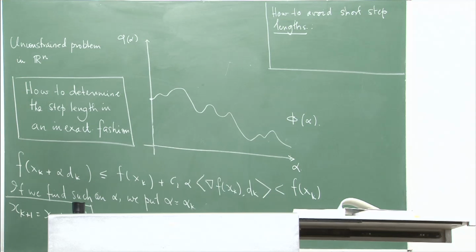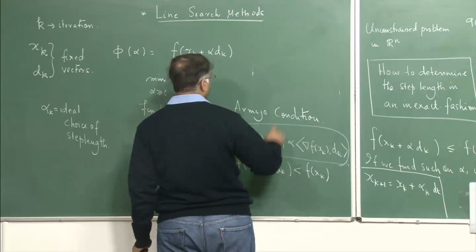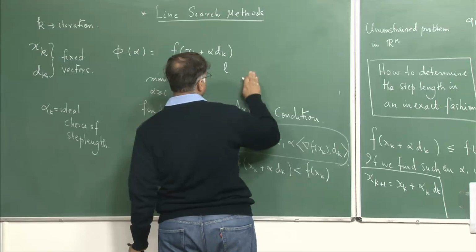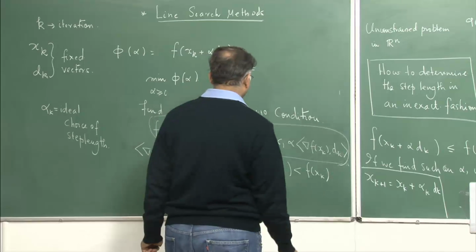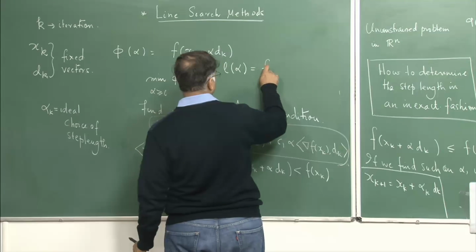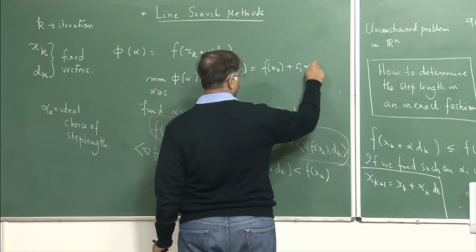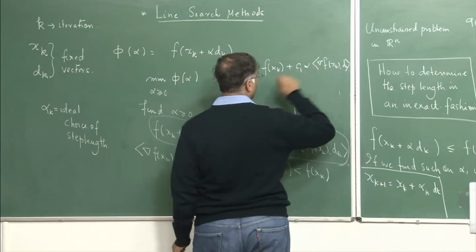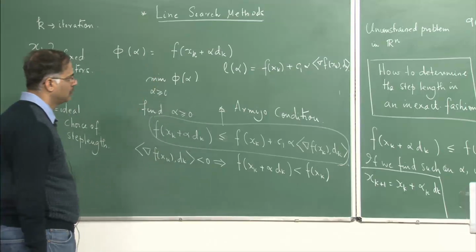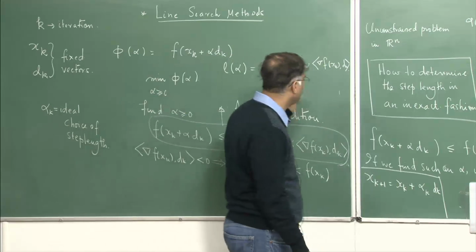Now, what happens? Look at this expression here. Let me call this L alpha, and let me write L alpha is f of x k plus C1 times alpha into grad f x k dk. Now, at alpha equal to 0, this is f of x k.